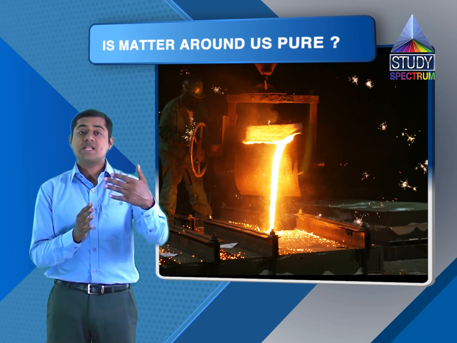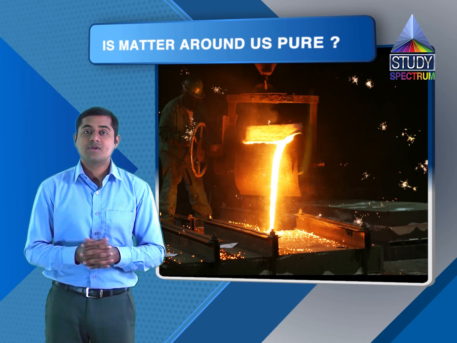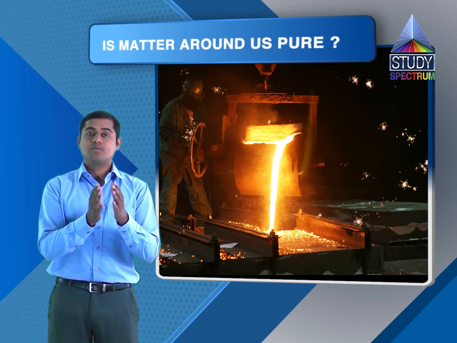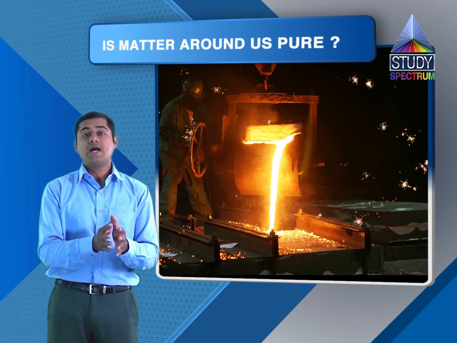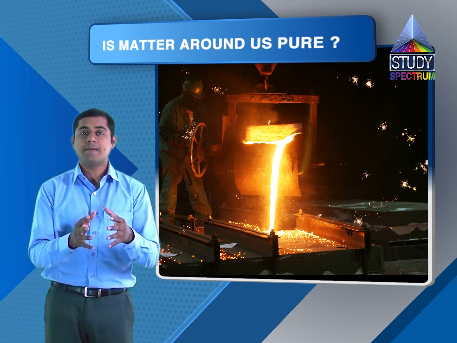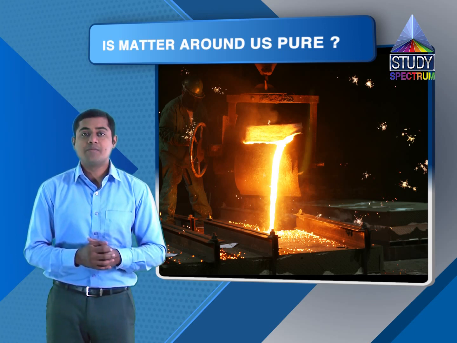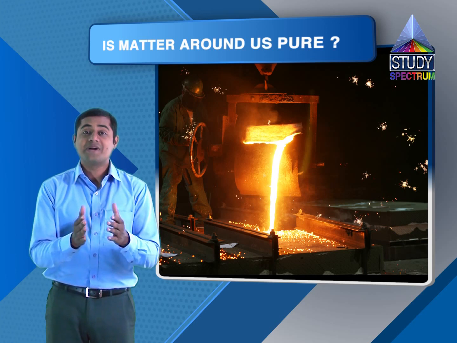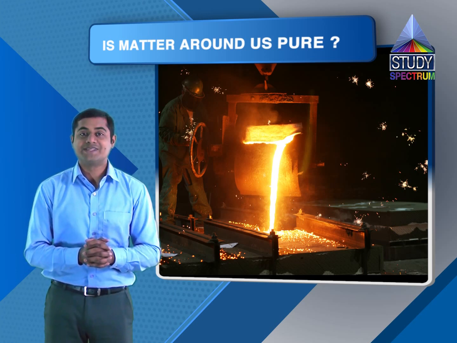One is the lighter slag and the bottom layer is molten iron. So with the use of this process, the separation funnel, we get molten iron separated from the lighter slag. These are the applications of these processes. Let's see the next example and next process of separating substances from a mixture.